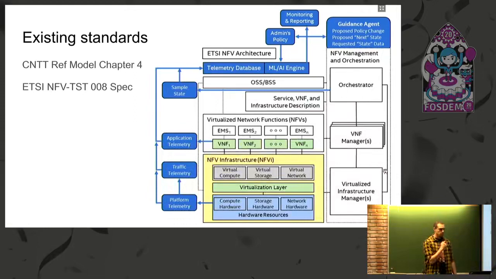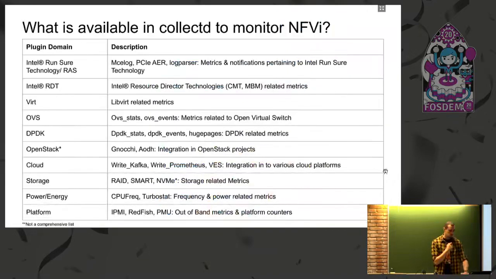Today we are focused mostly on the NFVI, so the platform telemetry and part of the traffic telemetry, but there are also possibilities to scrape the application telemetry directly from the VNFs with some of the plugins, like for example DPDK telemetry, to push all this data to some telemetry databases for an analytics engine, closing the loop by providing feedback back to the management systems to make decisions about corrective actions.